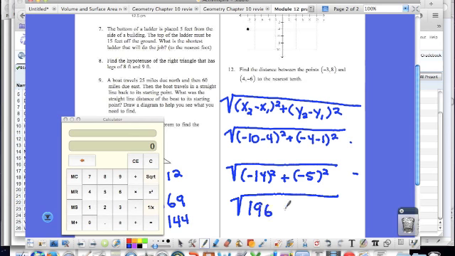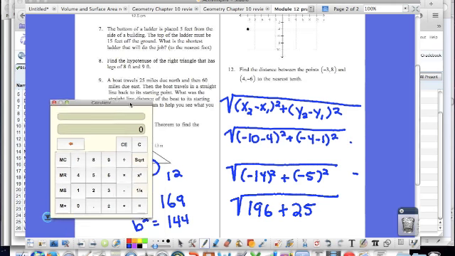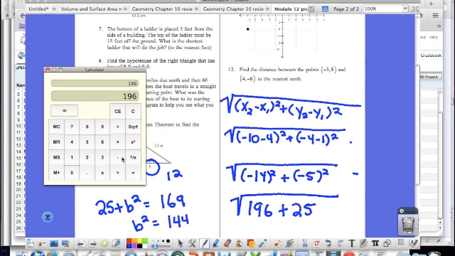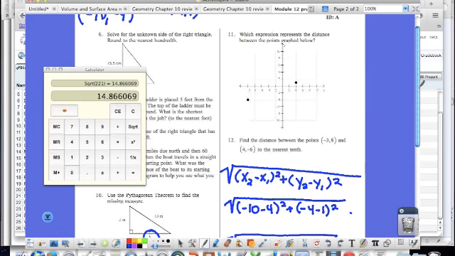And 5 squared is 25. So what is 196 plus 25? 221. And what is the square root of 221? 14.86. Okay, so 15.